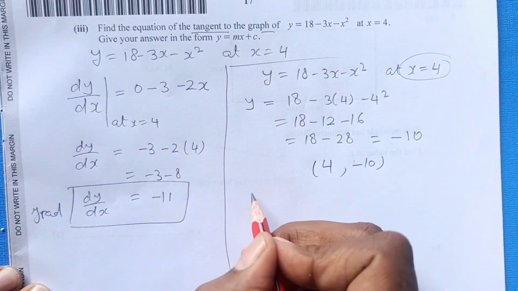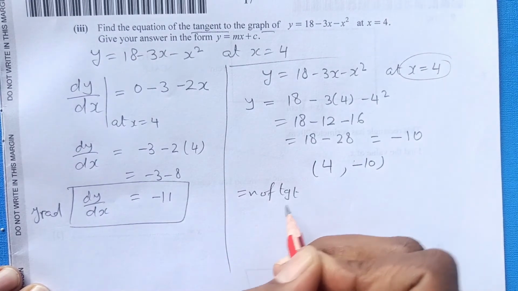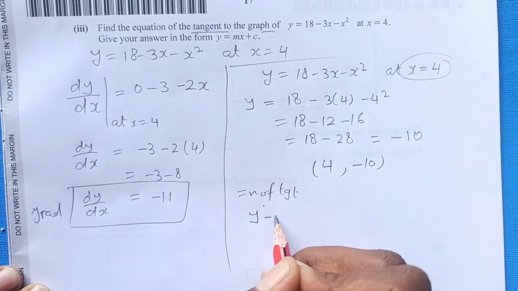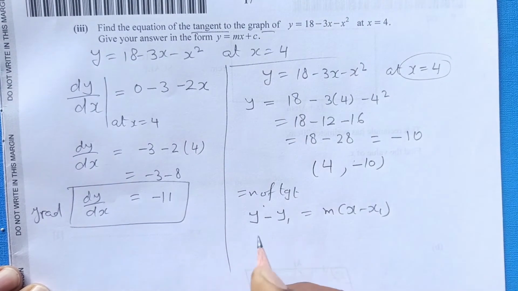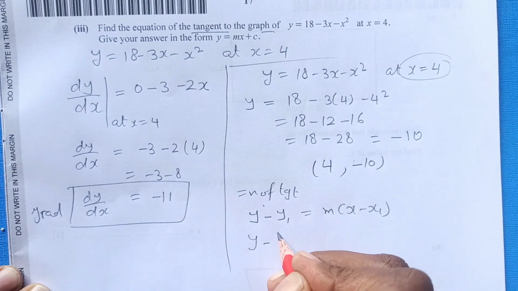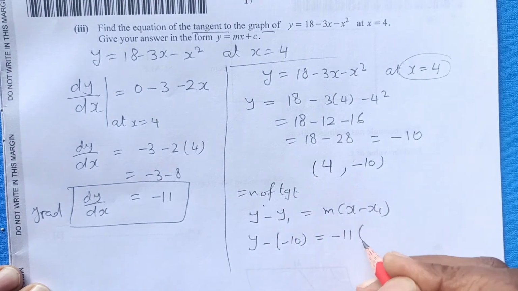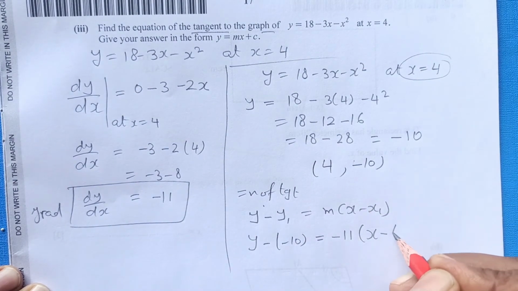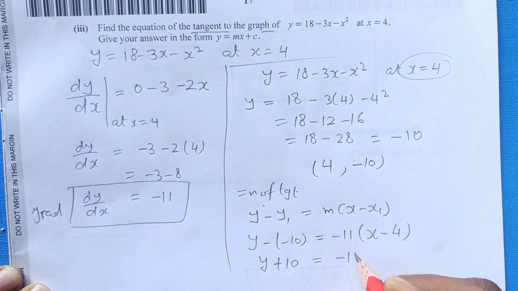So we can use the equation. The equation of the tangent will be y minus y1 equals m times x minus x1. So y minus y1 is y plus 10 here. Slope is negative 11. x minus x1 is x minus 4. So this will be y plus 10 equals negative 11x plus 44.